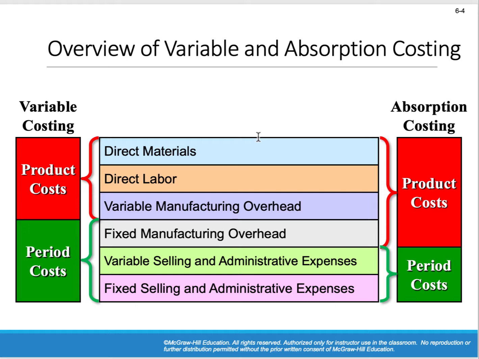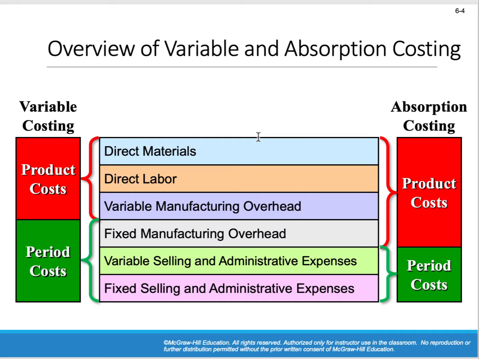Okay, so that's the main difference between variable and absorption costing. How do we handle fixed manufacturing overhead? Variable costing says we consider it a period cost, meaning we expense fixed manufacturing overhead when it occurs. In addition to that, variable costing says we do not include fixed manufacturing overhead as part of the product cost. Okay?